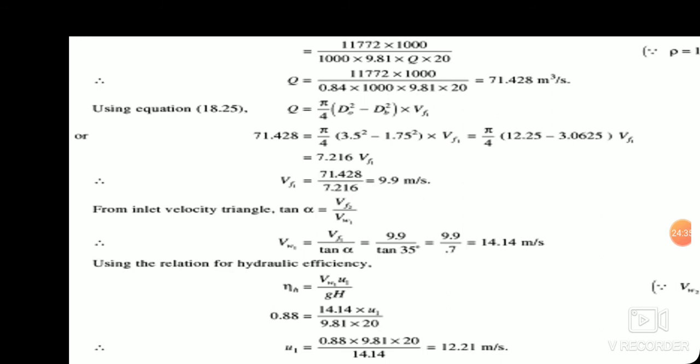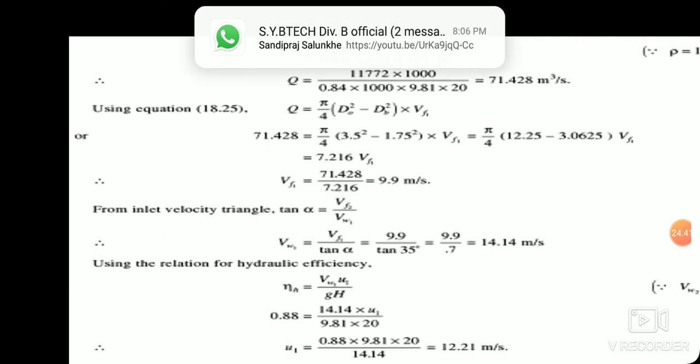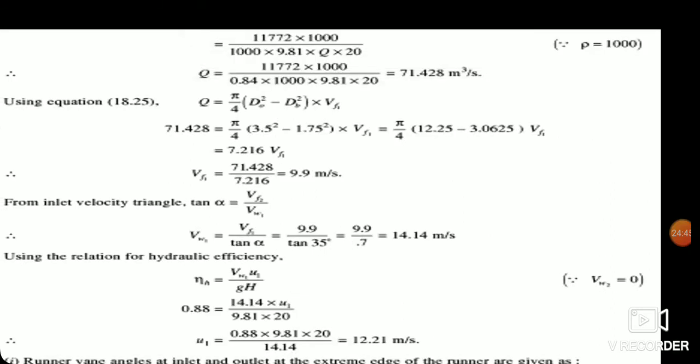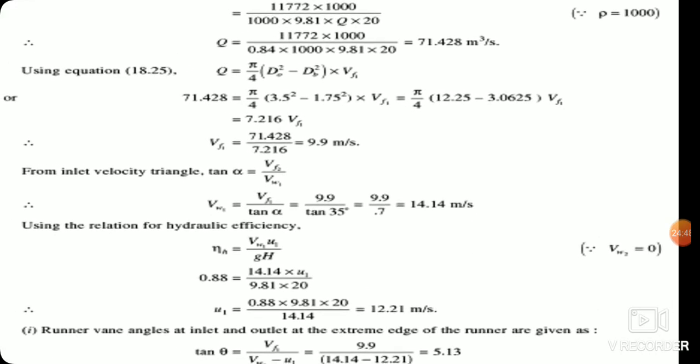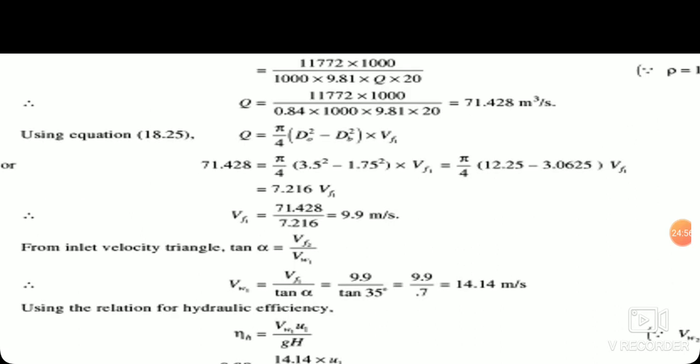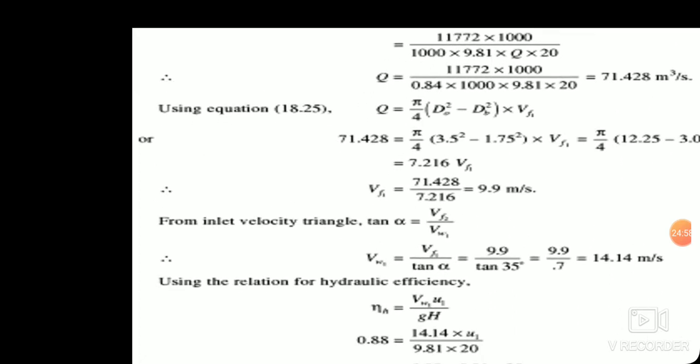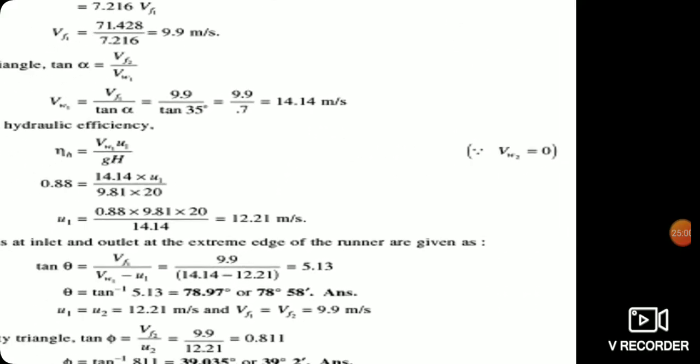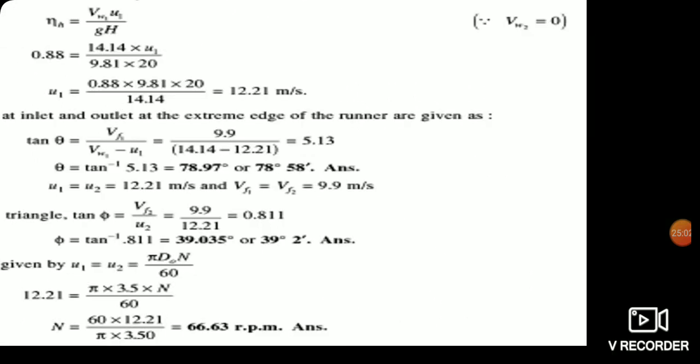Q is equal to pi by 4 into Do square minus Db square into Vf1, so Vf1 we got is 9.999 meter per second. Then from the inlet triangle, tan alpha is equal to Vf1 divided by Vw1. Therefore Vw1 is equal to Vf1 divided by tan alpha, and it is coming as 14.14 meter per second.